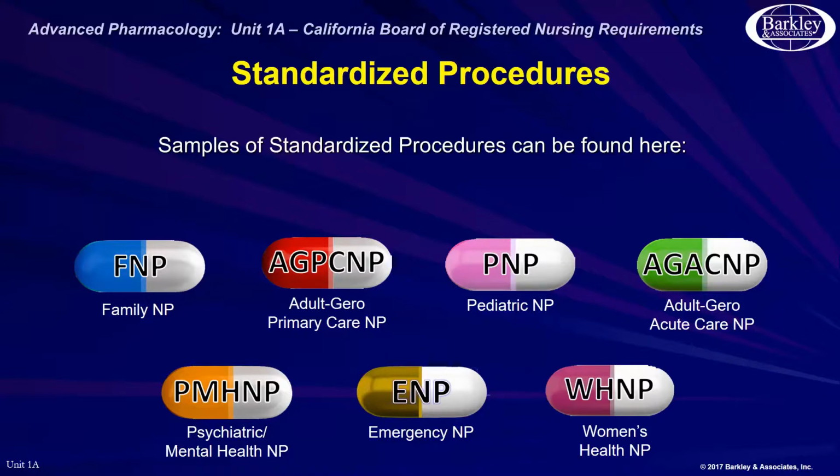So as you practice, you will have your limitations and standardized procedures that will dictate the regulation for your care. So as you go to that website, you will find your substandards and standards which dictate your standardized procedures.